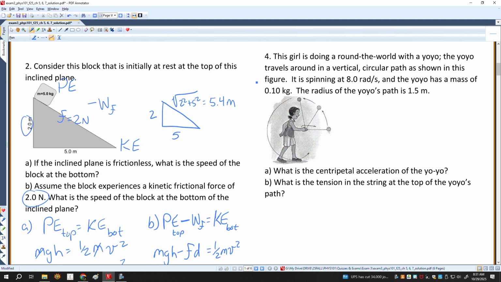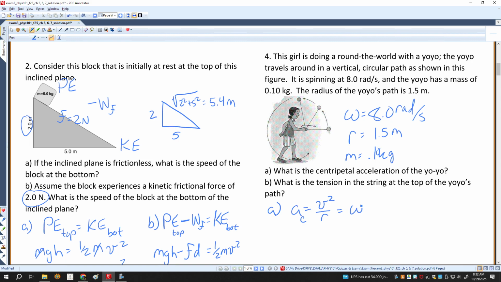All right, this girl's doing an around the world yo-yo, traveling in a vertical circular path. It's spinning at an angular velocity of 8 radians per second, the radius is 1.5 meters, and the mass is 0.10 kilograms. What is the centripetal acceleration? The centripetal acceleration, AC, is either v squared over r, but I don't know v.